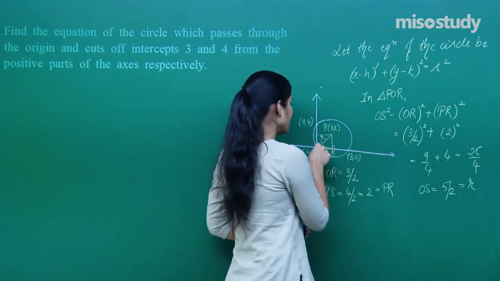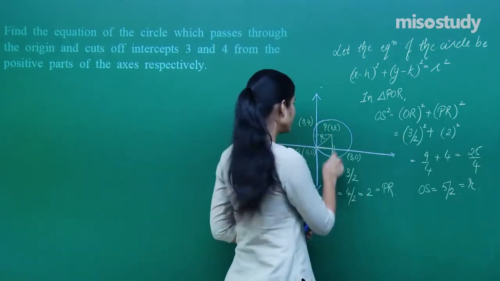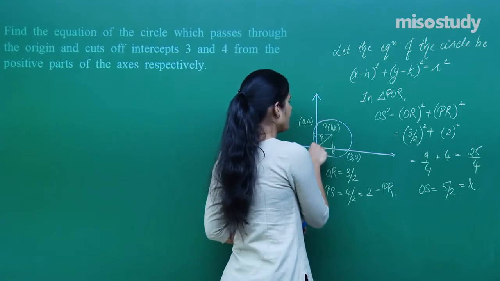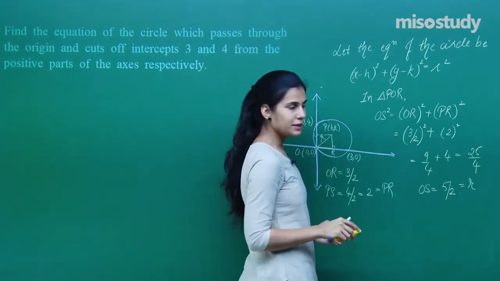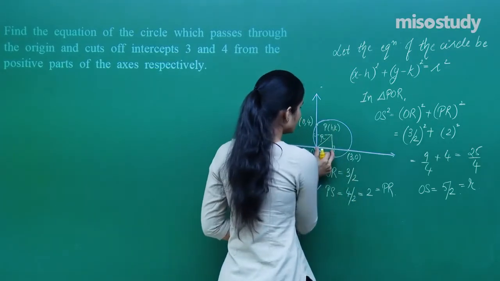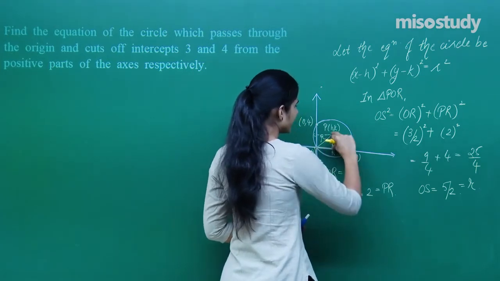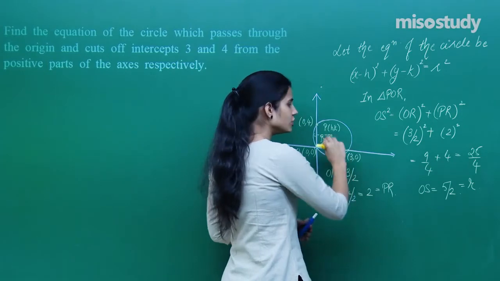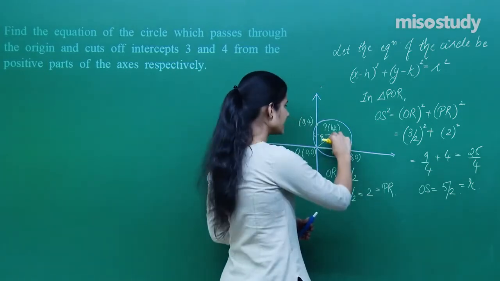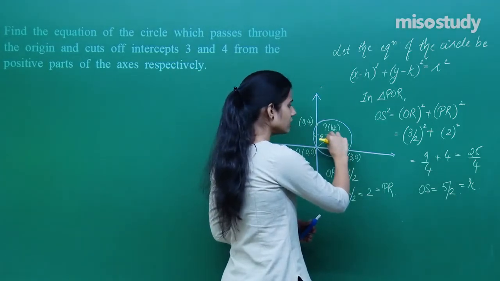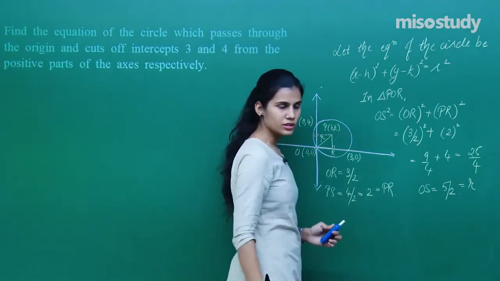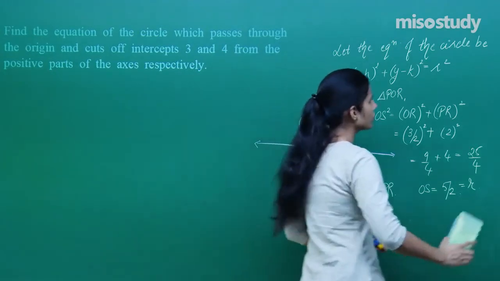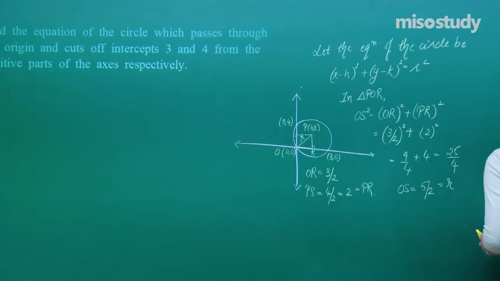Now if this is R, what do you mean by this? Now H is this distance and K is this distance. K distance is clearly 2. How far is this point from the origin? This is going to give you the coordinates of the center.